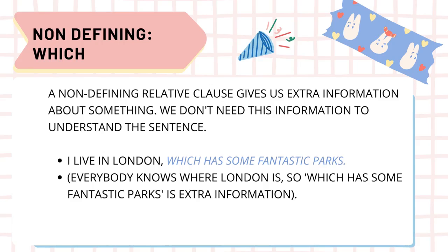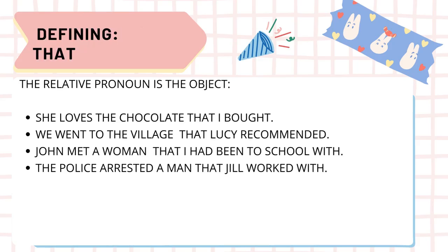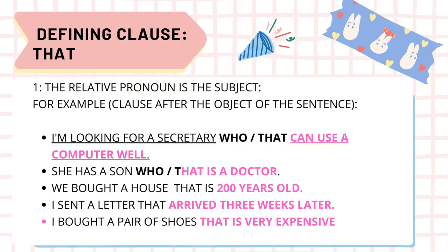Okay? But if we use a defining clause that, it means the information that we use that to connect is an important piece of information. So we need that piece of information in order to make the whole sentence make sense.